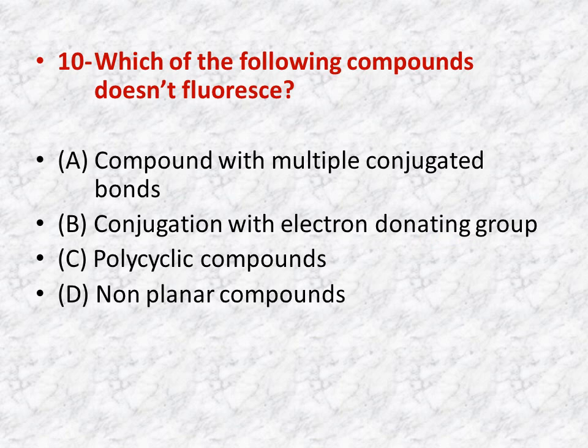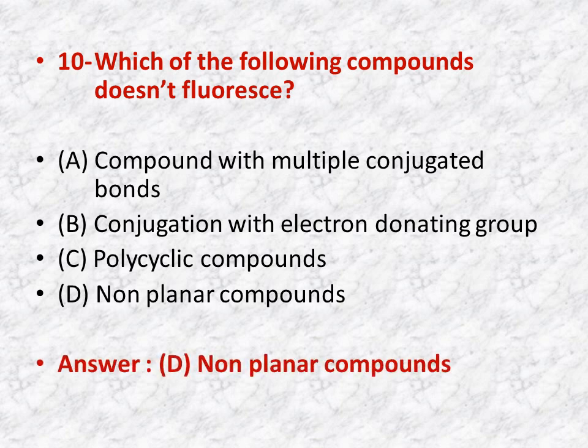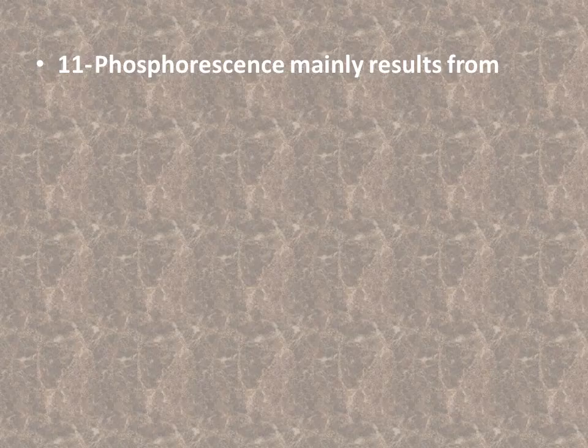Option C is polycyclic compounds, and option D is non-planar compounds. So let's see which type of compounds don't show fluorescence. The answer is option D, non-planar compounds. These are the types of compounds which do not show the phenomenon of fluorescence.